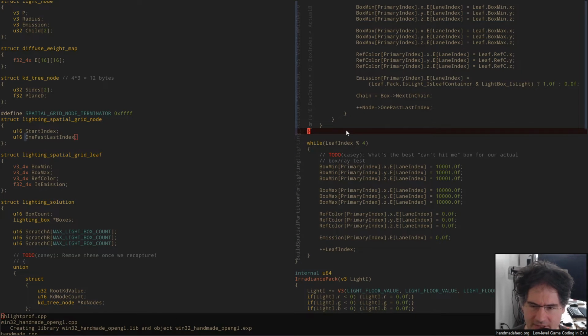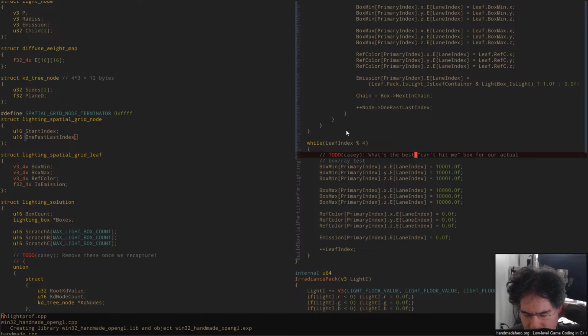I'm not sure, again, to what extent zeros will be acceptable as things that can't be hit. I don't know if 0, 0, 0 as the box min and box max will produce an unhittable box, or a hittable box that, if you hit it directly at 0, 0, 0, so you pass perfectly through the origin, will actually get hit.